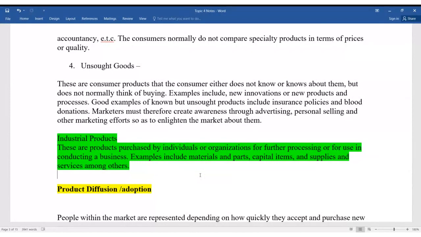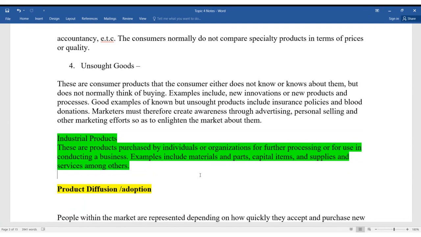We have capital items. These are goods that we purchase to help us produce other items. For example, an oven in a restaurant kitchen is a capital item for baking or doing all your bakery work, or doing all your food preparation and whatever.